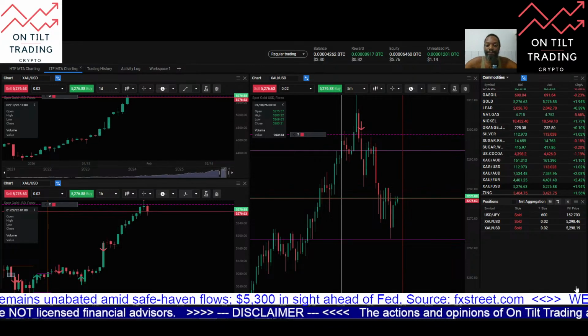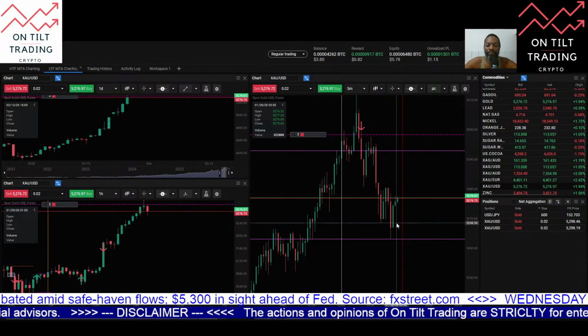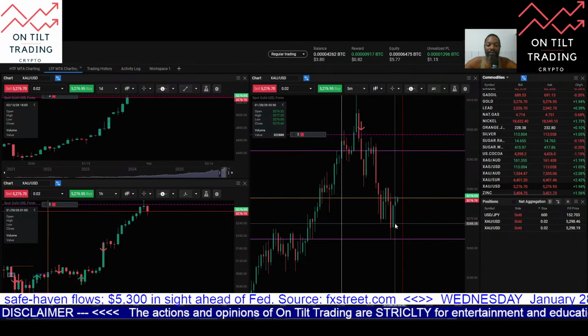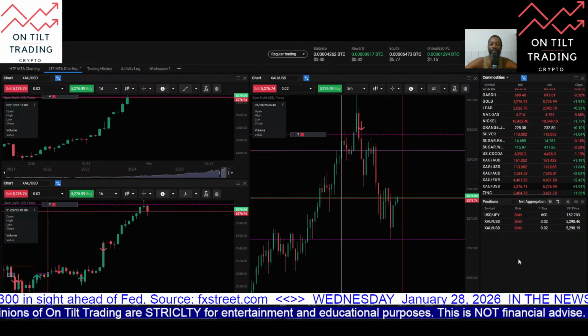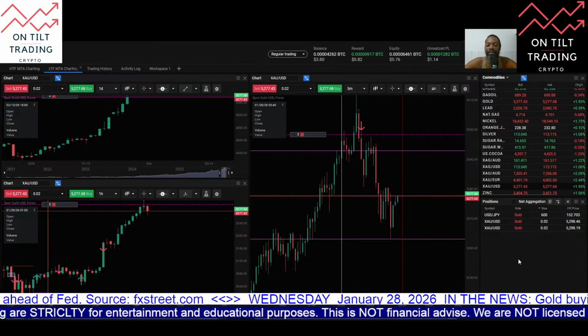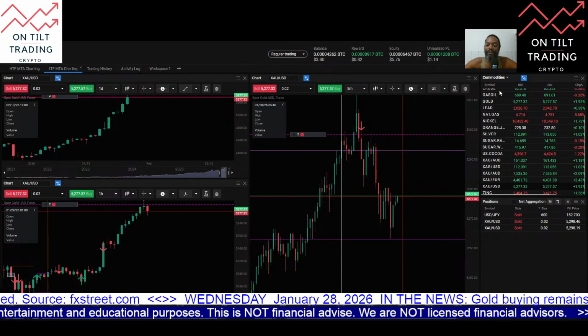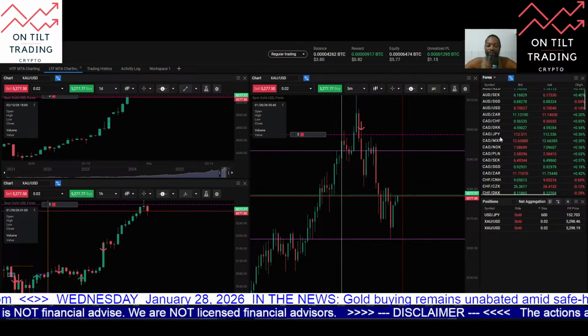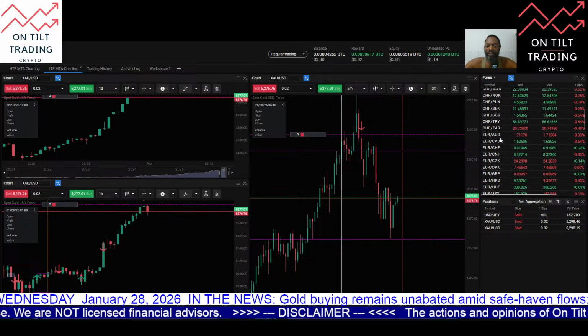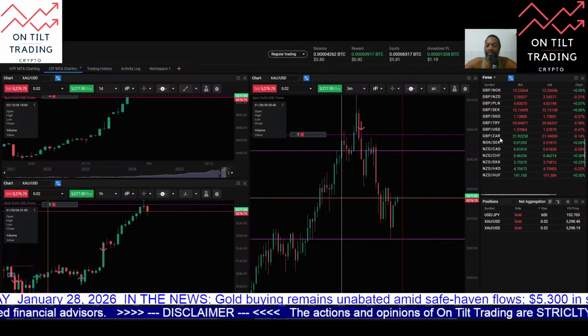Let's see. 77.35, 77.37. So new 5-minute high put in. So second candle in a row with a new 5-minute high. So still pulling back here on gold after near contact with the opposing range level.